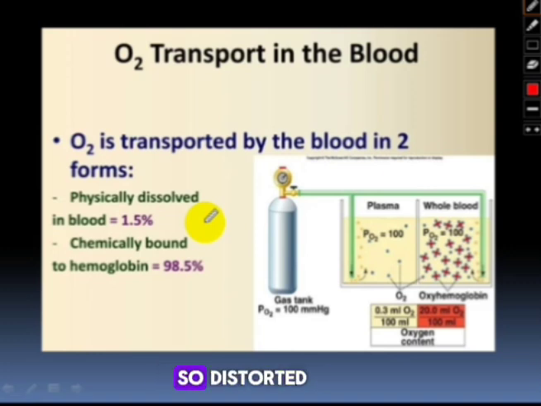So why are you so disturbed? You want to know which one to write in the exam, whether to write 1.5% or 98.5%? When you write an exam, you mustn't give us the exact figures or values we are giving you.